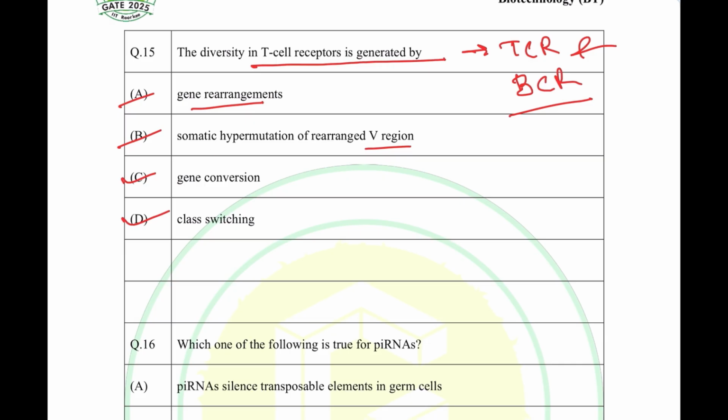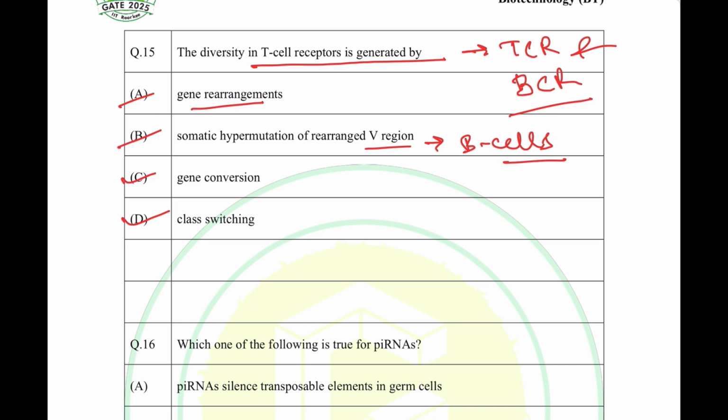And if we move on to somatic hypermutation, which happens only in B cells after antigen exposure, it introduces point mutations in the rearranged V region to increase antibody affinity, and does not occur in T cells. And if we talk about gene conversion, it is another mechanism in some species for antibody diversification, not involved in TCR diversity in humans.